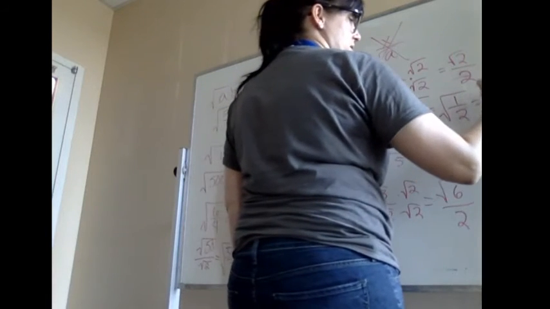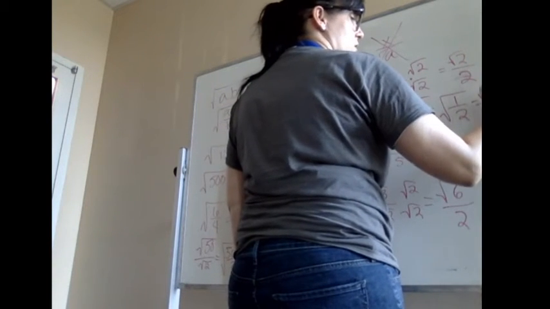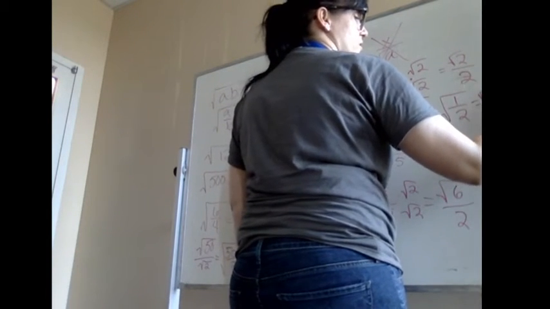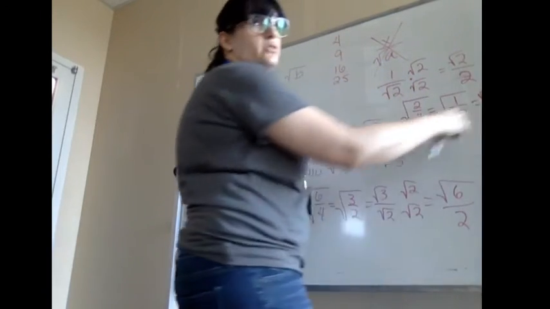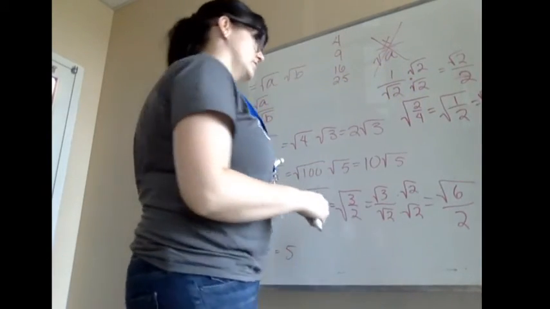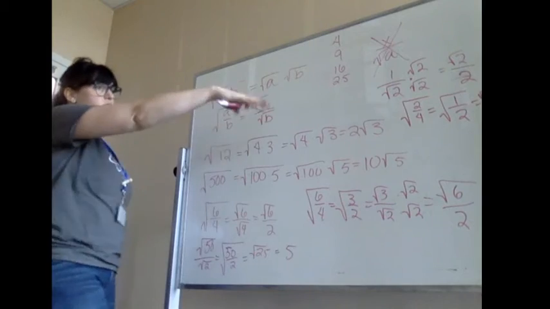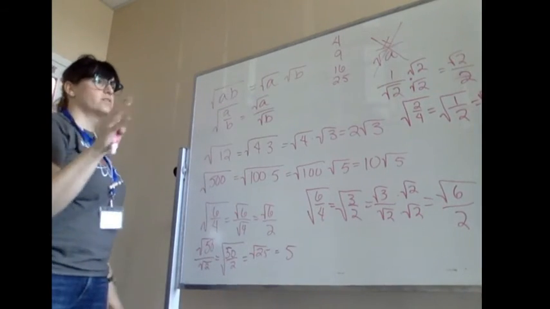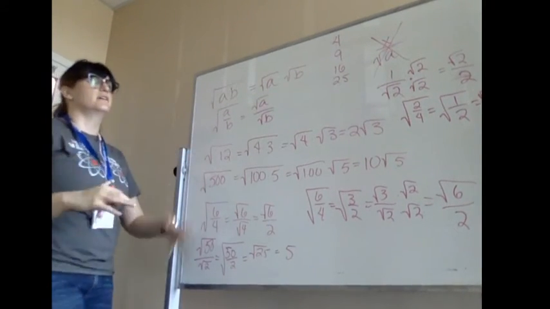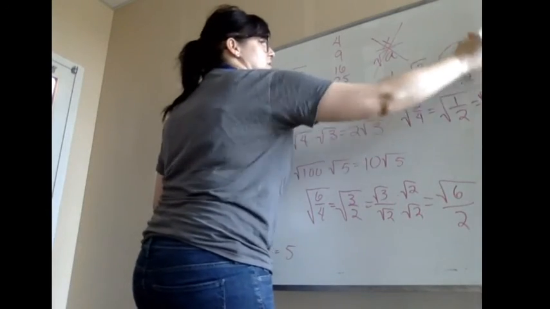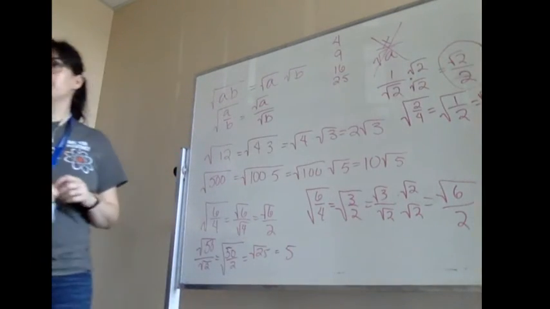Because that's equal to the square root of 1 over the square root of 2, which is 1 over rad 2, and I'm still stuck with a radical in the bottom. Okay, so it's still equal. Right, all of those things are equal to each other. There's only one that was considered okay, and that's this right here, because there's no radical in the bottom.